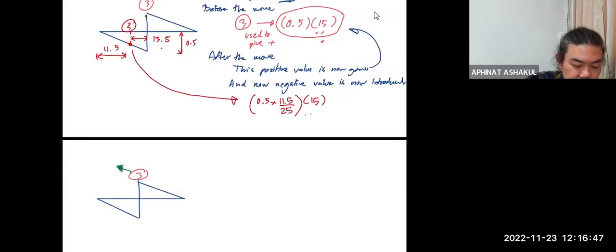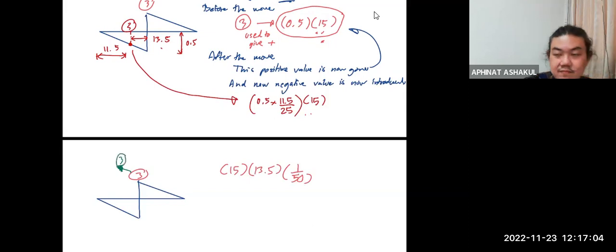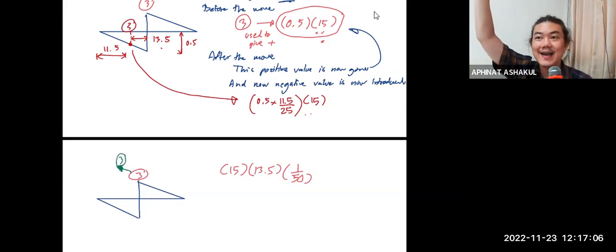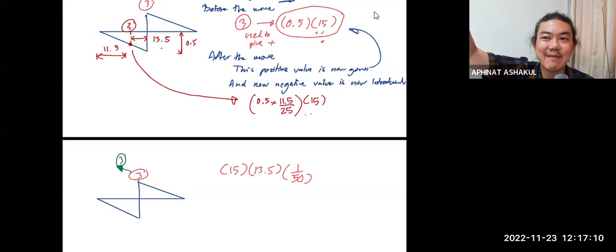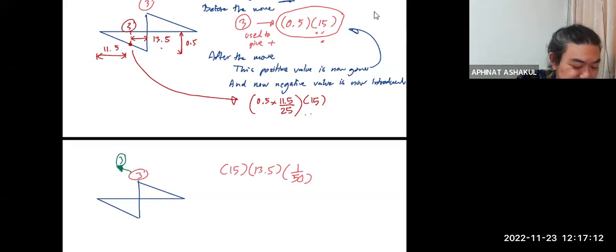So you can say, okay, my load number 3, which is 15, moves with the distance equal to how much? 13.5. And the slope is 150. So now I move my load number 3 here, up in the sky, but it can't stay there because it's empty air. So it has to fall down here.